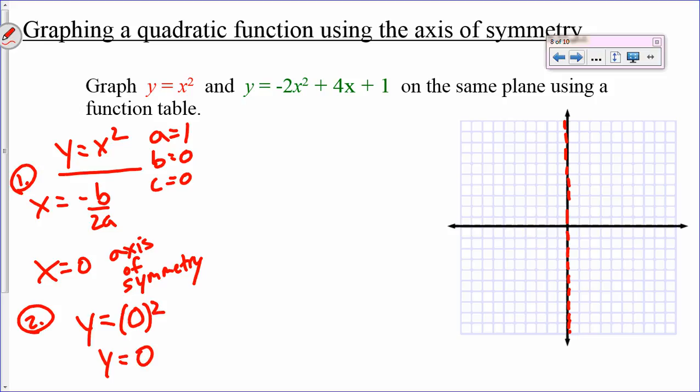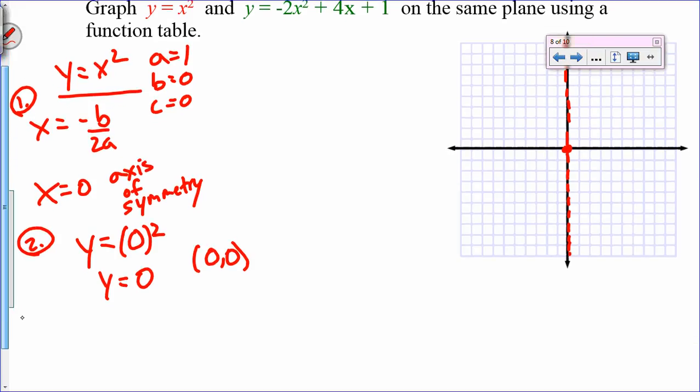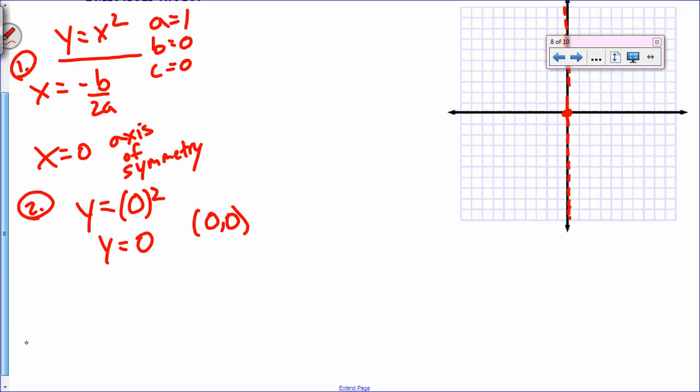So now we've got an ordered pair, 0, 0. That's a good start. That's a point on our graph right there at the origin. Let me scroll here a little bit to keep our graph in view. We've got a point 0, 0 already.